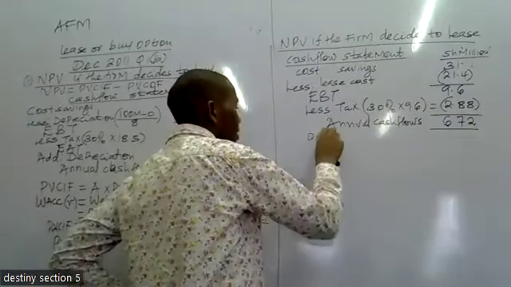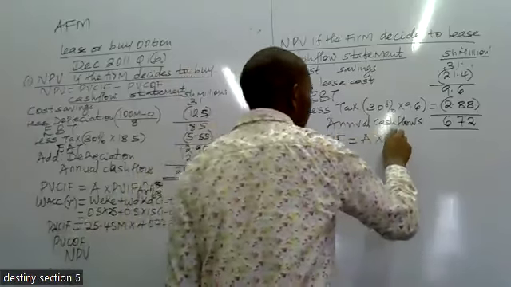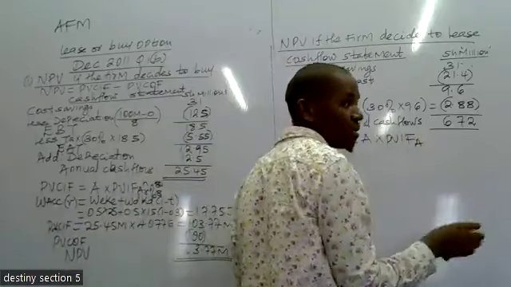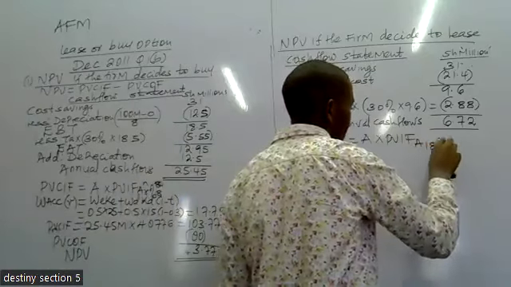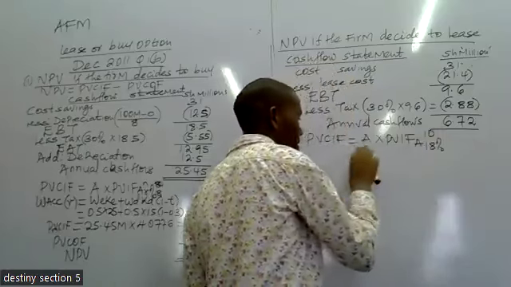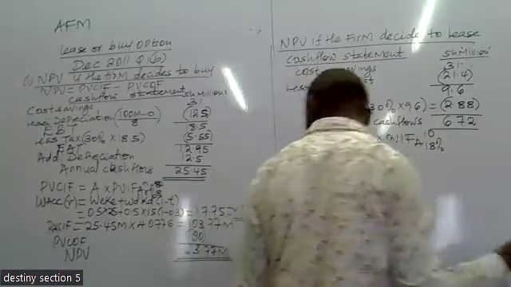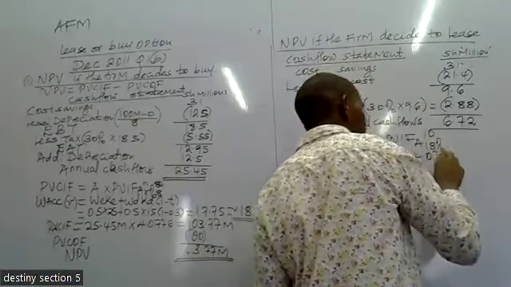So we can get the present value of the annuity. Present value interest factor of annuity, right? This is at what rate? 18% in year 10. So it will be 6.72. I multiply by how much? 4.077.